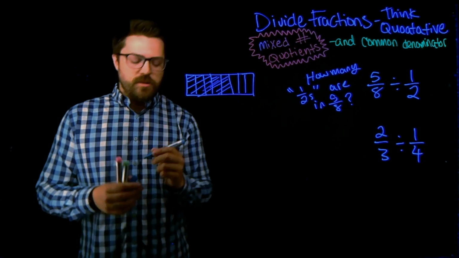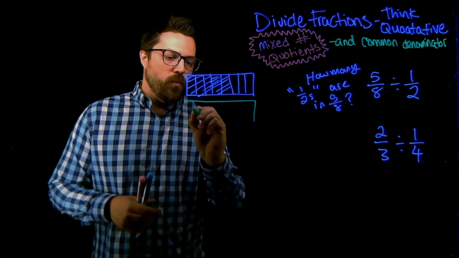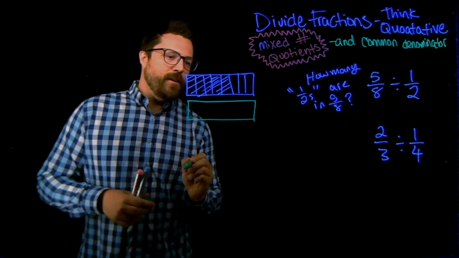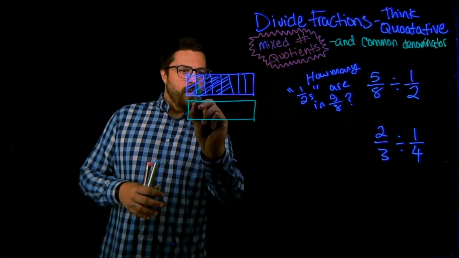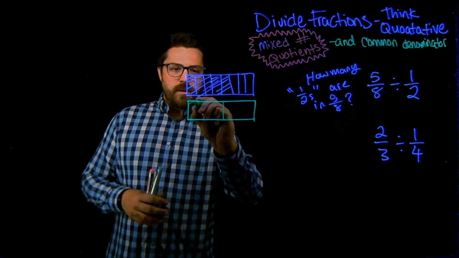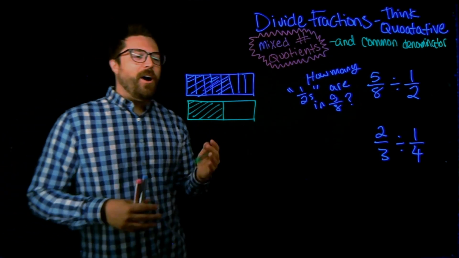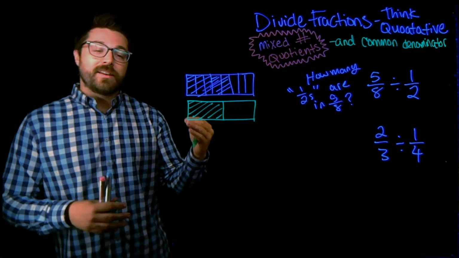All right, so there's our 5/8, and I need to find out how many 1/2s are in 5/8. I want to make sure that I line this up well. So in my top bar, my 1/2 was here, so there's my 1/2. All right, so now we can ask that question, how many 1/2s are in 5/8?